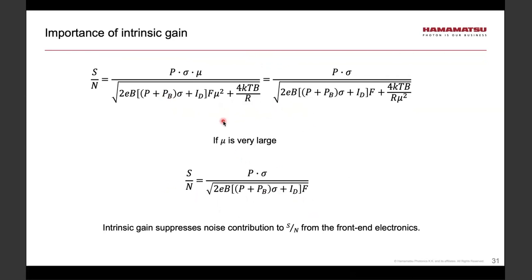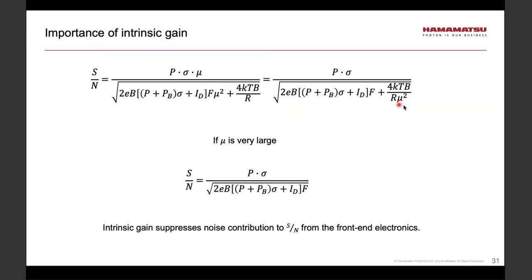Now, this statement can be made more concrete with a little bit of math. We talked in the first part of this presentation about the signal-to-noise ratio of the detection. At the top we have a signal, at the bottom we have a combination of noises. Mu is the gain, so I can divide numerator and denominator by the gain.